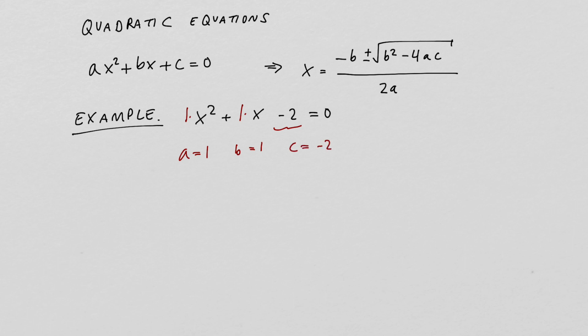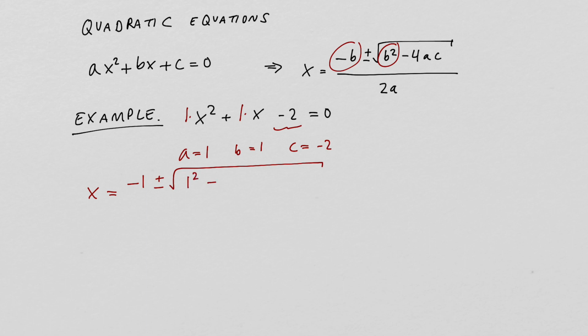Then we will start to write the formula: x is equal to minus b. Well, minus b is minus 1. Then we have the plus and minus and the square root. There we need to put b squared, well that's in this case 1 squared.